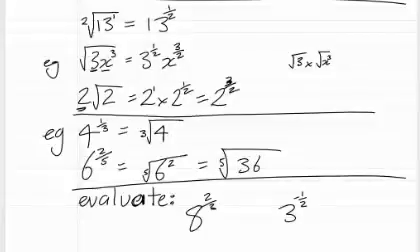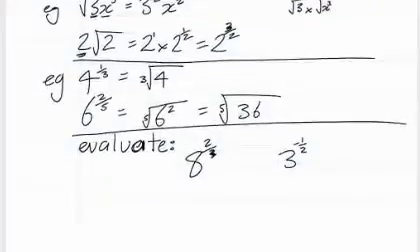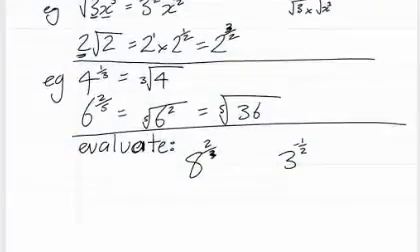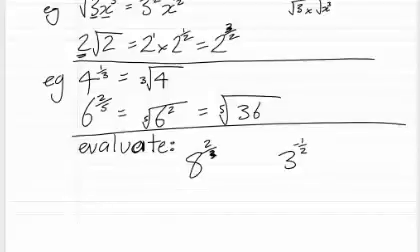We can use this to quickly evaluate terms. So I've got 8 to the power of 2/3 here. That looks scary, but it's not. Just take it into surd form. So that's the cube root of 8 squared.